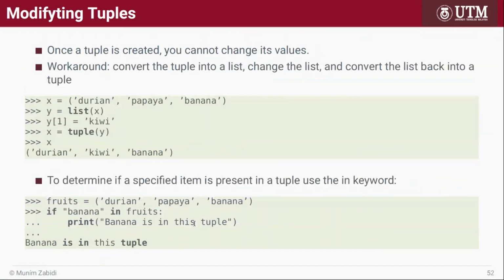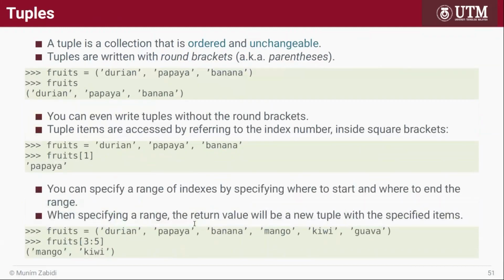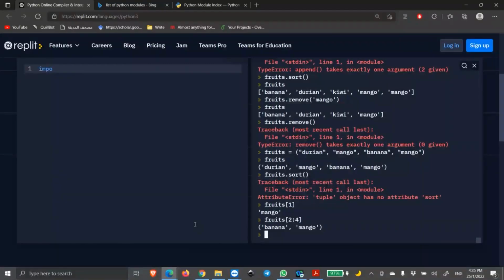And how do you add things? Once you create a tuple, you cannot change its values. So if you want to change the value inside, you have to convert that to a list and then back to a tuple. Can we append? Just to test, we are curious.